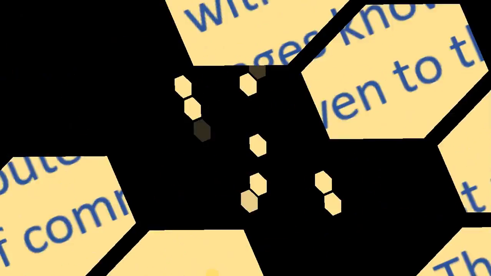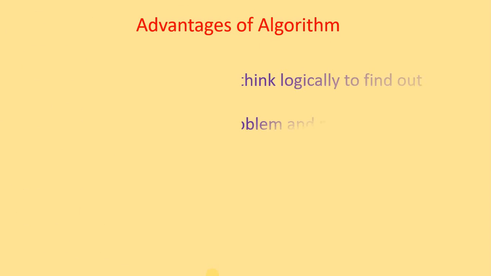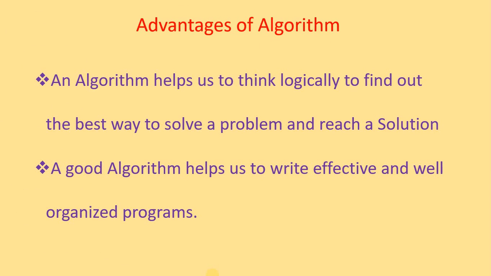The next part is all about the advantages of algorithms. Algorithms have some advantages. Out of many, the main two advantages are: an algorithm helps us to think logically, to find the best way to solve a problem and reach a solution.